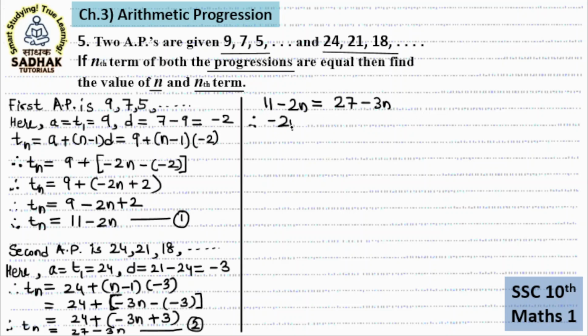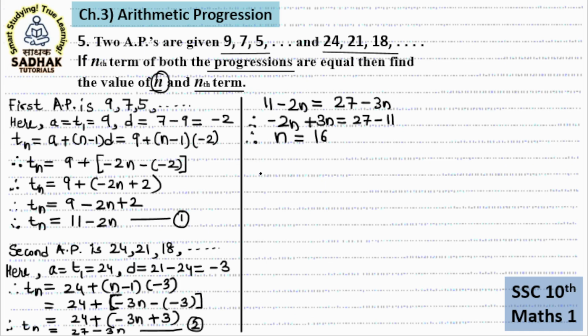So minus 2n, and the minus 3n will come here as plus 3n, equal to 27, and the 11 will become minus 11. Minus 2n plus 3n gives n, and 27 minus 11 gives 16. So we have got n equal to 16.